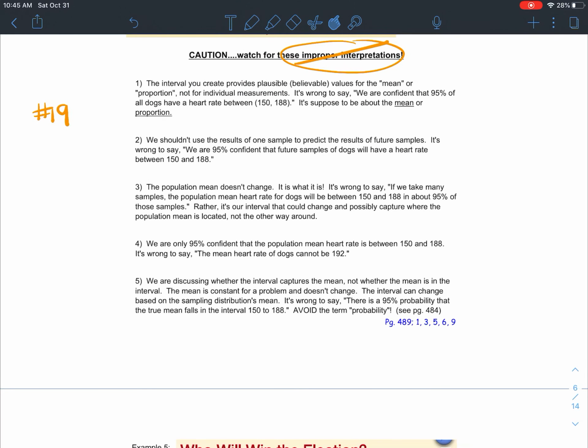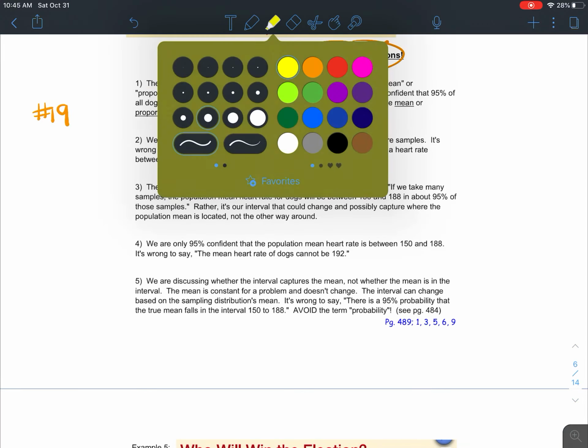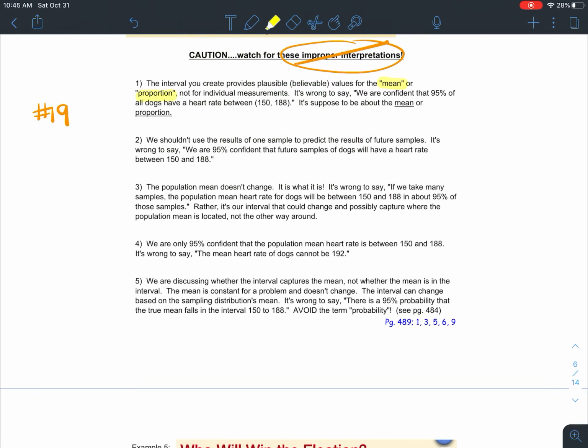Okay, the first thing says the interval that you create provides plausible or believable values for either a mean or a proportion. It is not creating plausible values for your individual measurements. So it is absolutely wrong to say we are 95%, or we're confident that 95% of all dogs have a heart rate between 150 and 188.